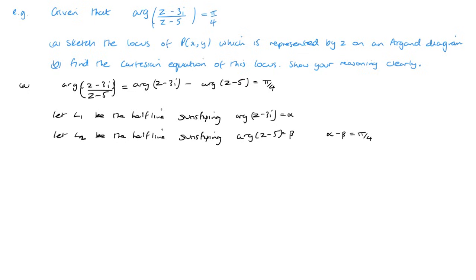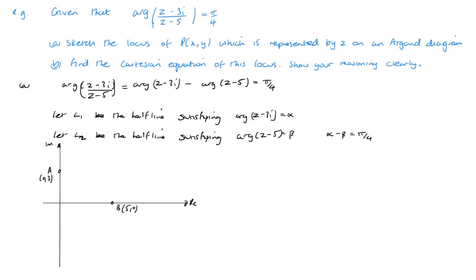Now in terms of a diagram, A will be here at (0, 3), and B will be somewhere on this axis at (5, 0).